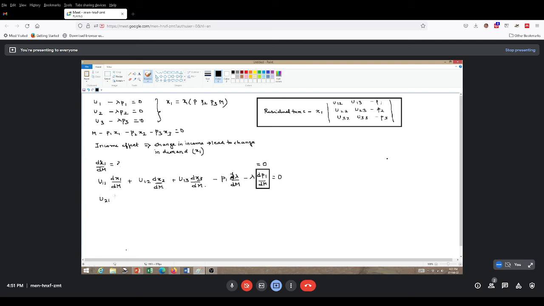So in the same way, we can differentiate the second first order condition. We are differentiating this.